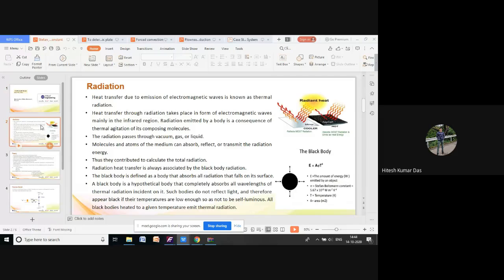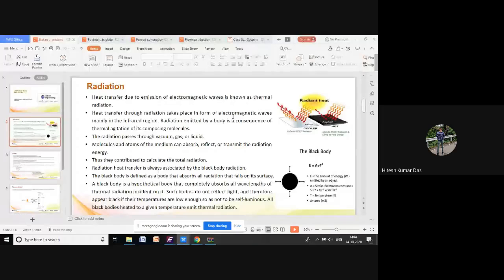First of all, this is some introduction about radiation. Radiation heat transfer is due to emission of electromagnetic waves, which is known as thermal radiation. Heat transfer through radiation takes place in the form of electromagnetic waves. First of all, in the Stefan Boltzmann constant, we will go for a black body.